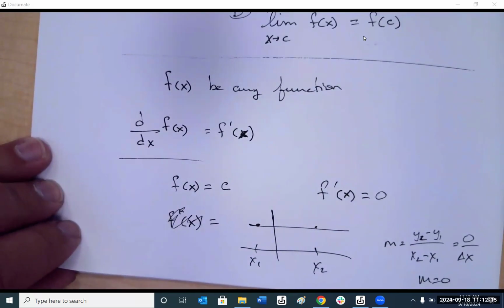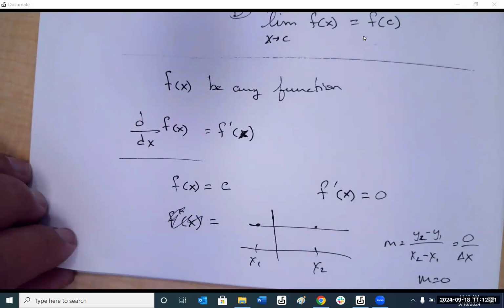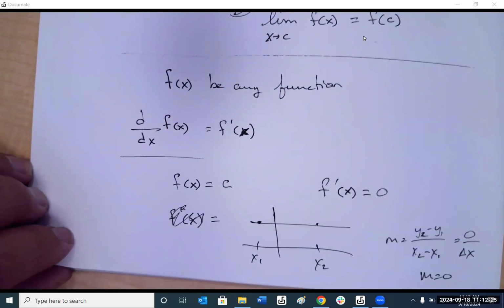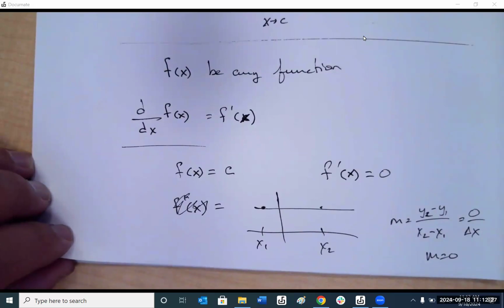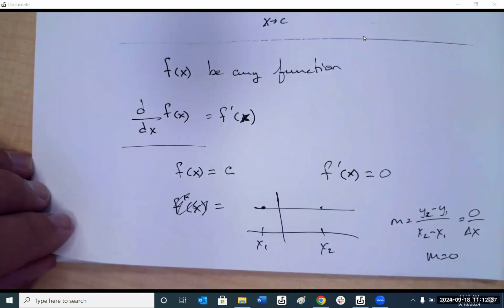And note, if something has been defined in class, you don't have to go through the whole process of deriving it. In other words, the next example. Not really a property. It's just a definition.